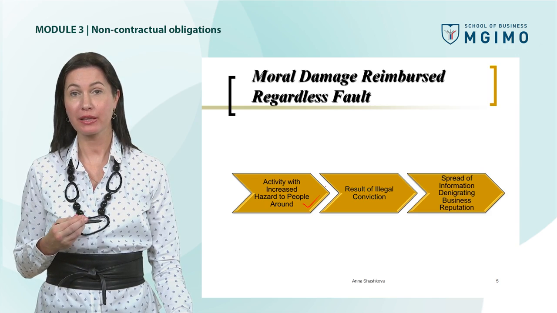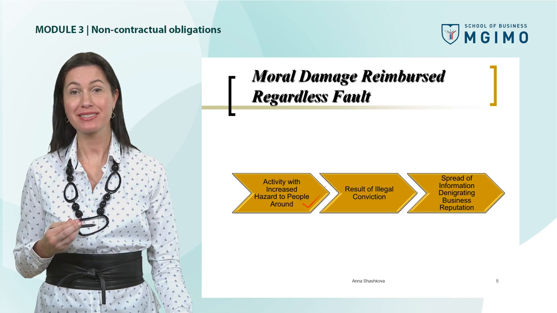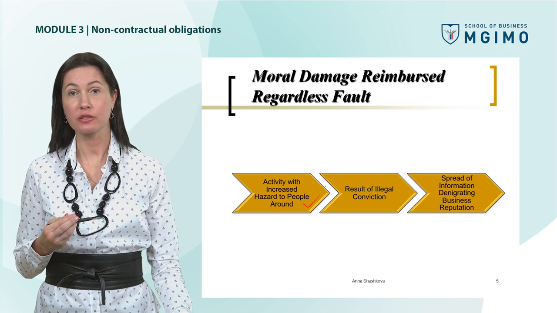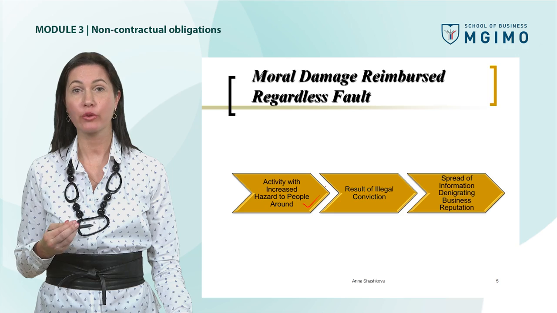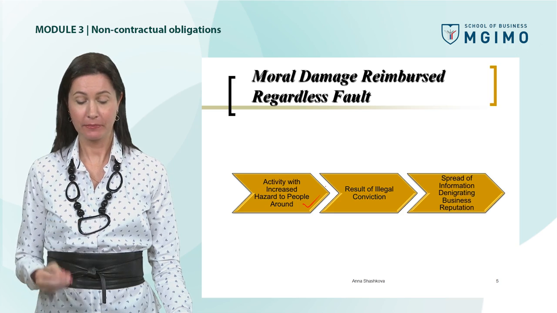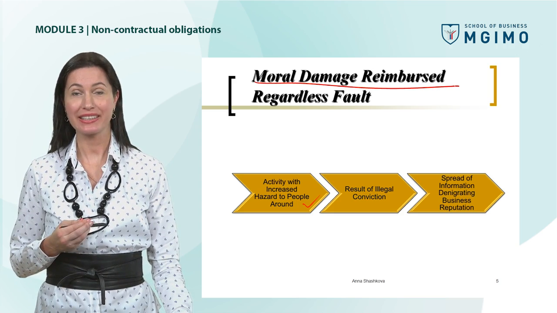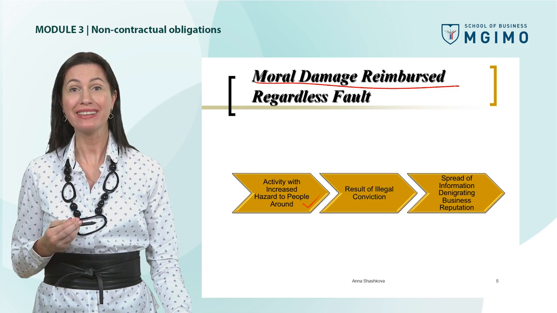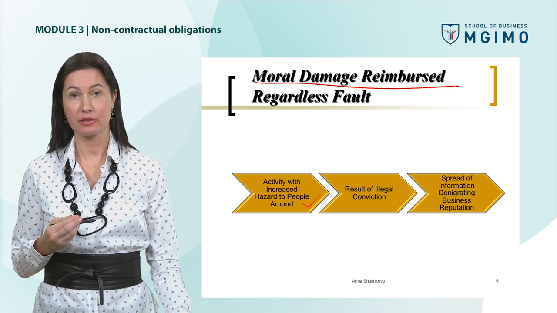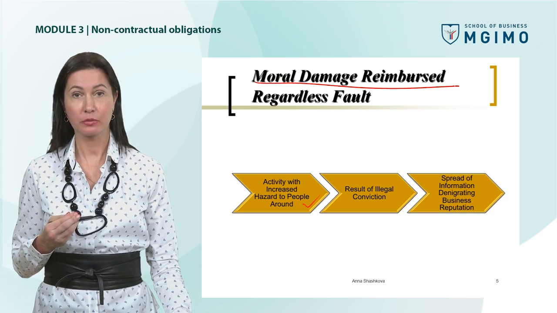So driver with green light, pedestrian with red light. There is an incident, there is a collision. Whose fault is it? It is the fault of the pedestrian, because the pedestrian was crossing the road with red light on. But the damage will be compensated by the driver, and the driver will be responsible for this incident, because we speak about activity with increased hazard to people around.